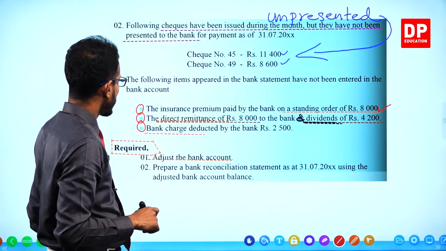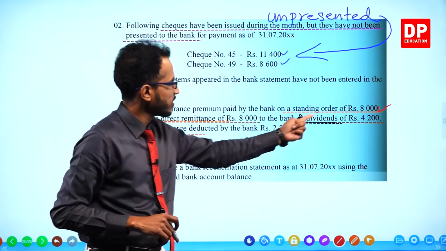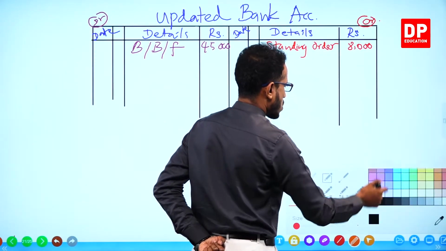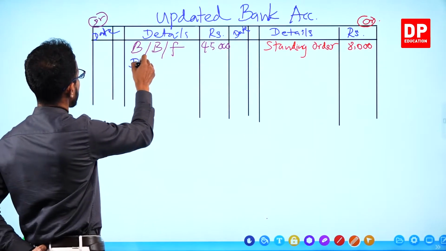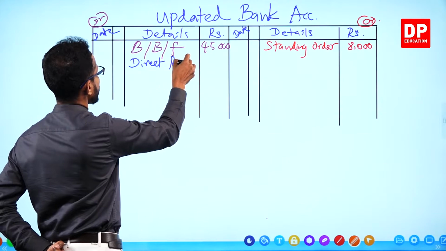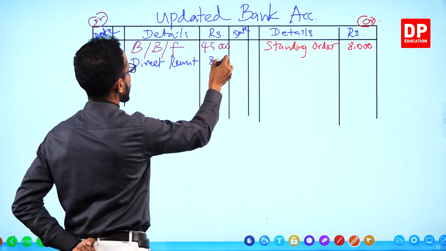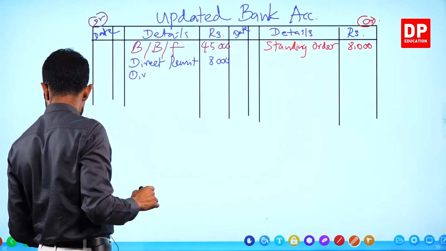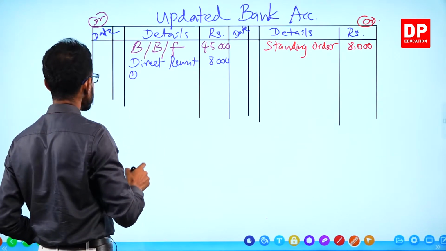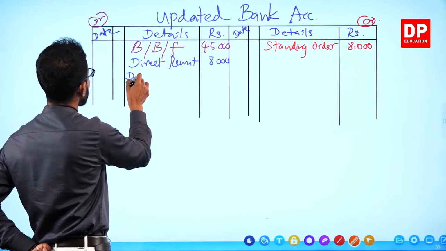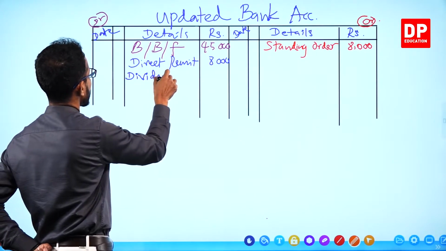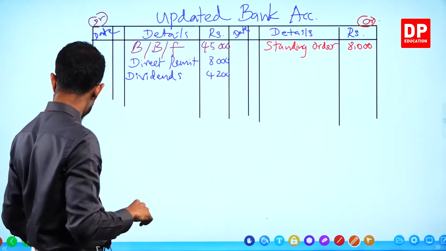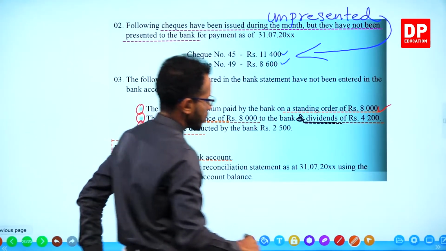Let's go and record the direct remittance of 8,000 and dividends of 4,200 on the debit side. Okay, done. That is also done.